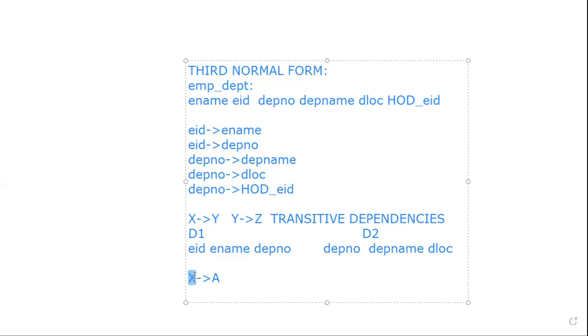If you consider any set of attributes as a super key, no two tuples should be the same. Here, X is not a super key, nor is A a prime attribute. Hence, we can decompose this into two parts. So this is called third normal form.